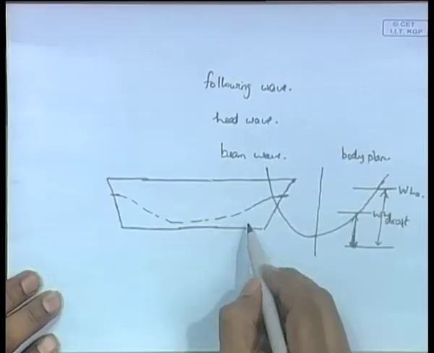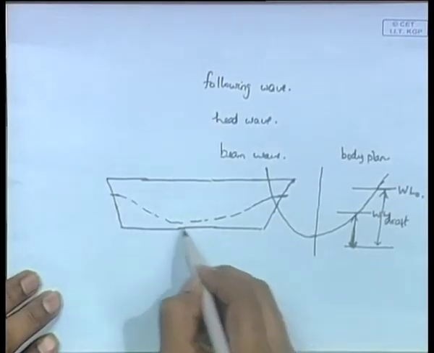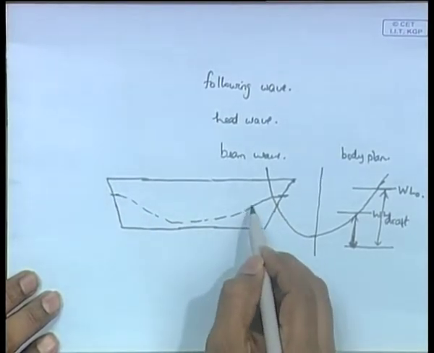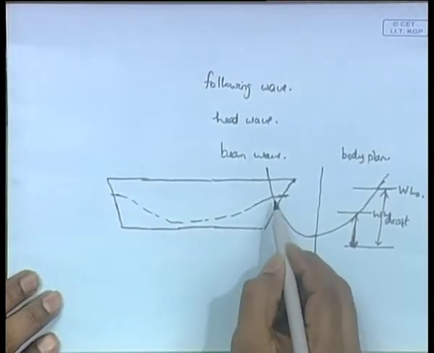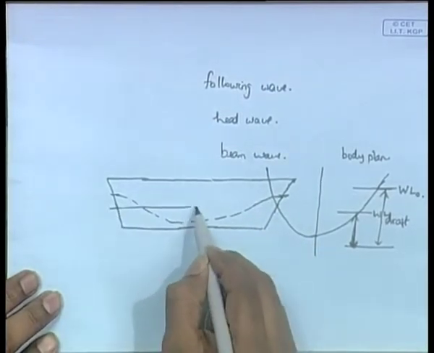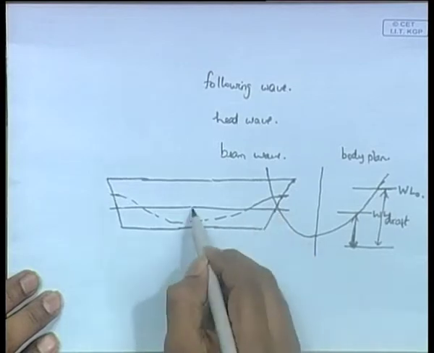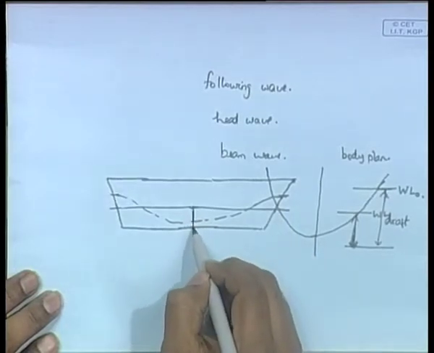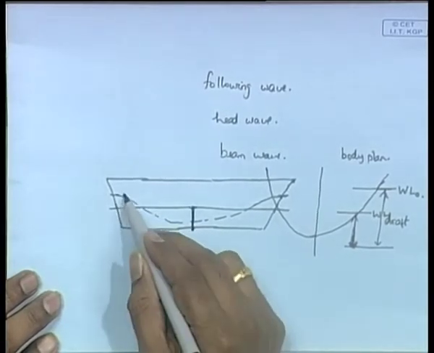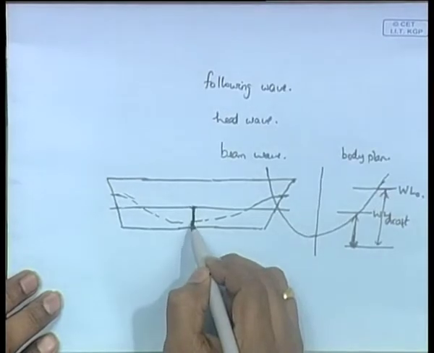Now, we have seen that in general as the draft increases, the breadth increases. Let us look at this particular case. What do we see here? This is a sagging wave over the whole length of the ship. Initially the water line was only this much. First let us consider the midship region. In the midship region, the draft has decreased. Initially this was the draft, the still water line. Because of the presence of the wave, the draft has decreased, it is only here.